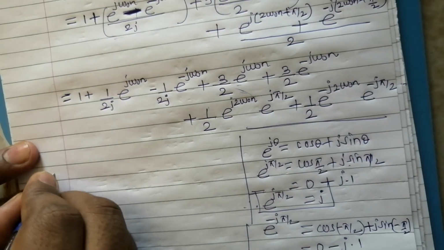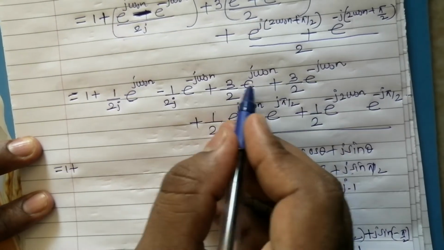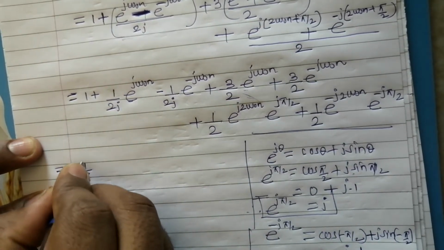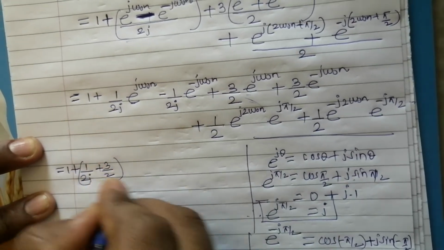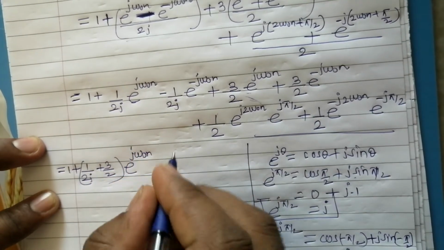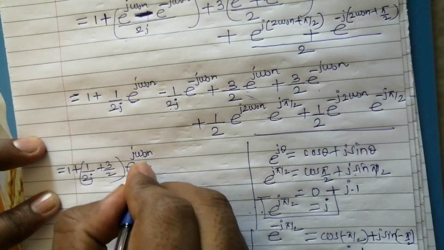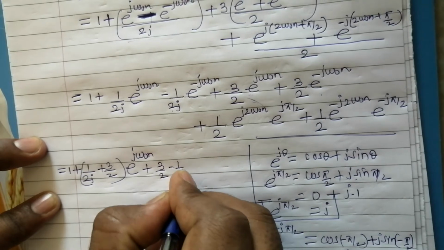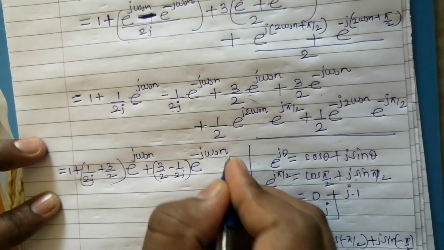This can be written as 1 plus, see, this part and this part is common, so the remaining constant part will be in bracket 1 upon 2j plus 3 by 2. What is the common part? e raised to power j omega naught n. Likewise this part and this part, so note it down, that is 3 by 2 minus 1 upon 2j e raised to power minus j omega naught n.